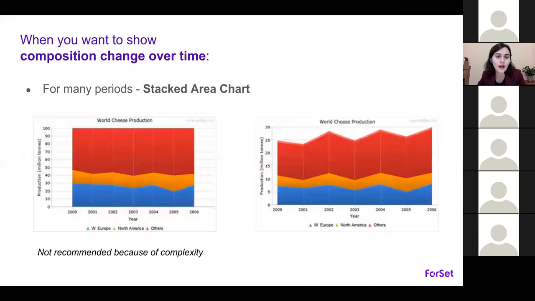Okay, so this is a kind of similar chart, but it is a stacked area chart. Usually we try to avoid using area charts because it's a little bit complicated.